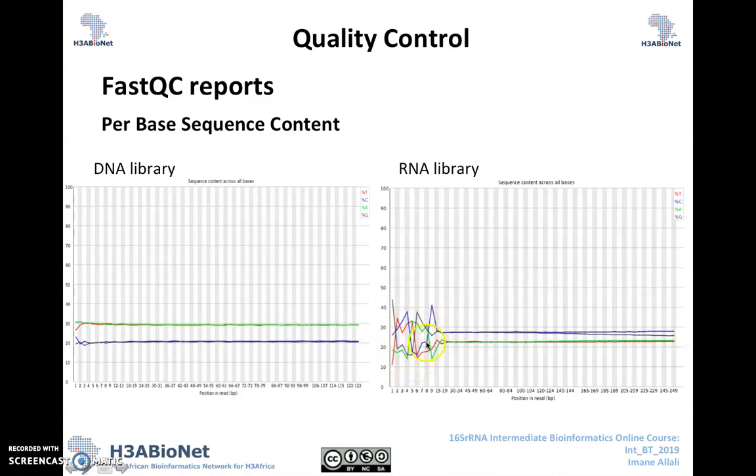For the first 10 to 15 nucleotides, this is normal and expected, depending on the type of library kit used. So let's move to the next video.